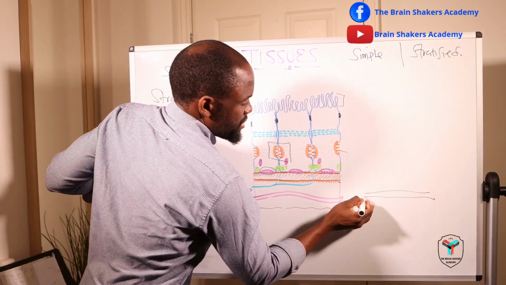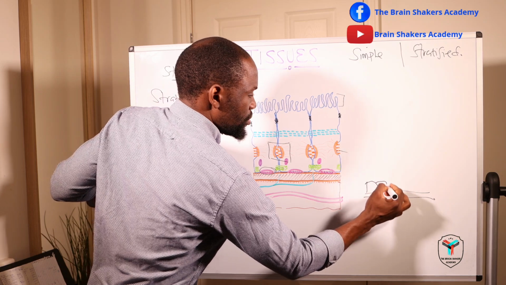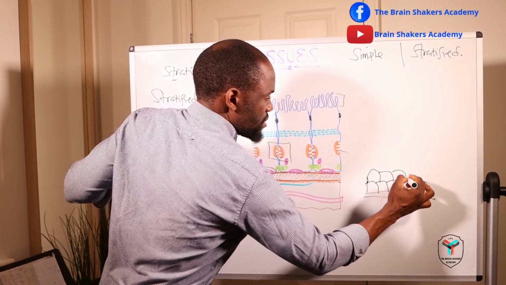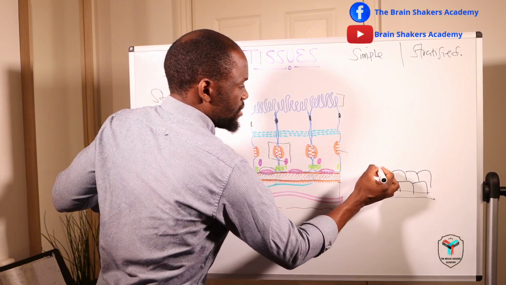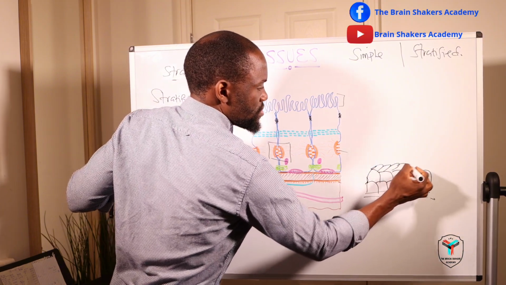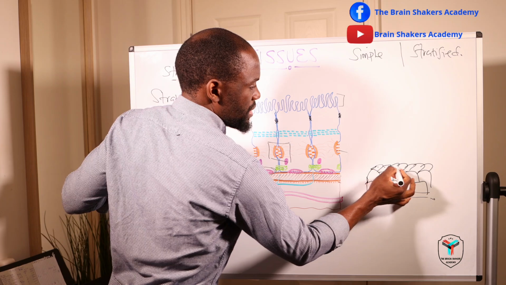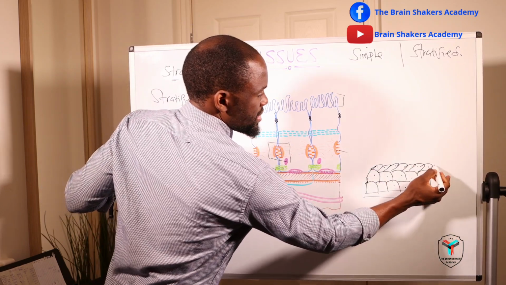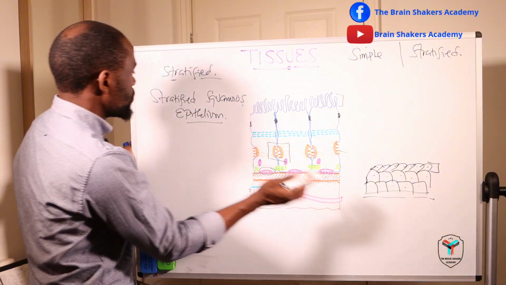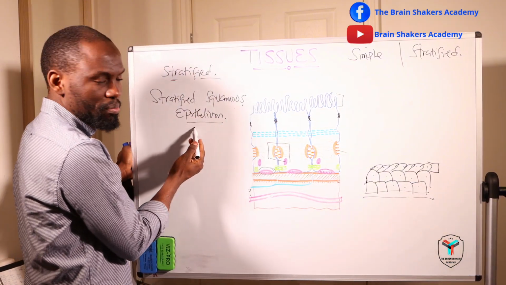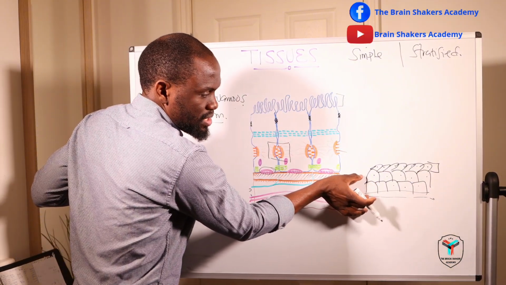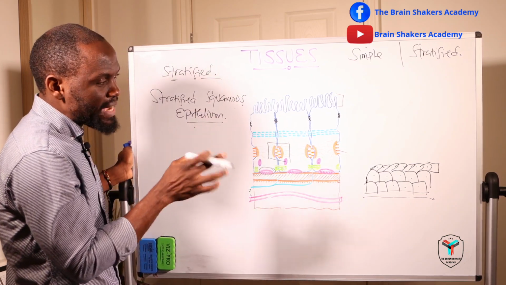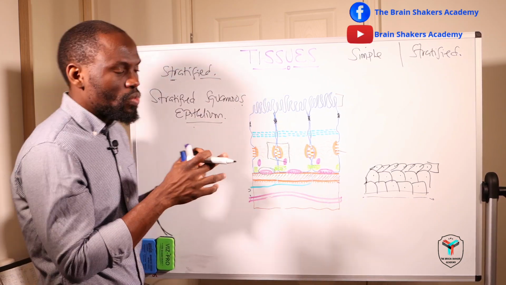So if we have a basement membrane here, and then we have cuboidal cells here, we have all these cuboidal cells, and then on top we have the scales, which we are calling the squamous cells. So we will then utilize the topmost layer and call it a stratified squamous epithelium, without paying key attention to the bottom layer.